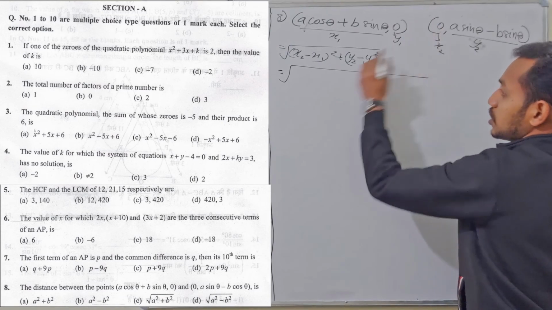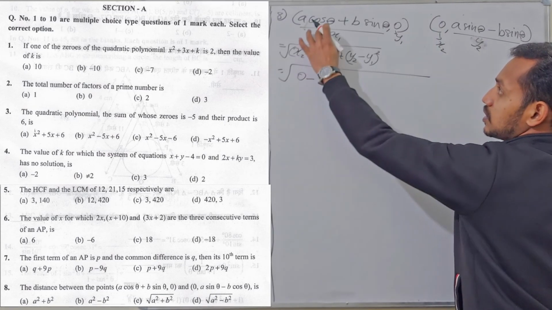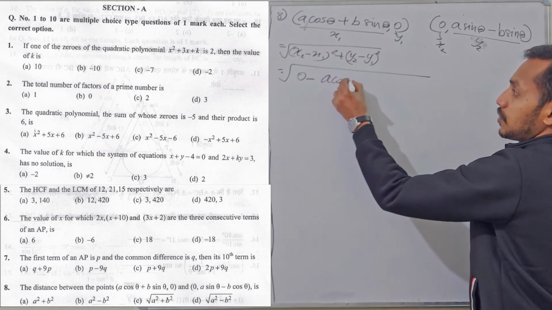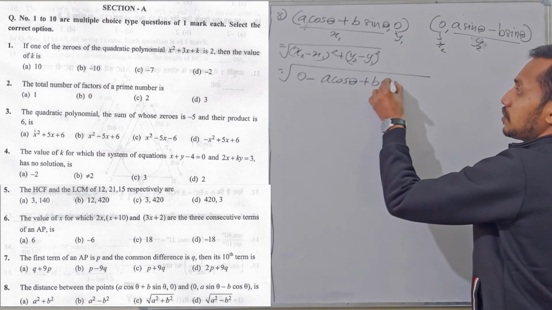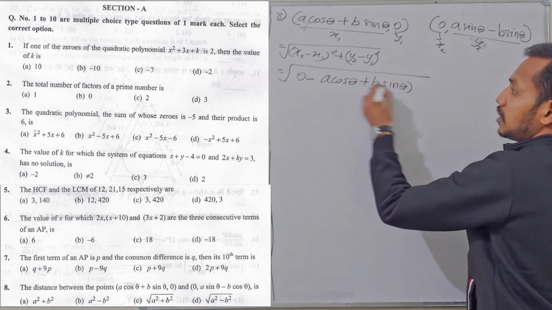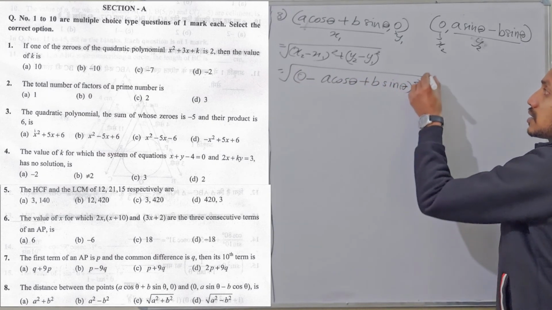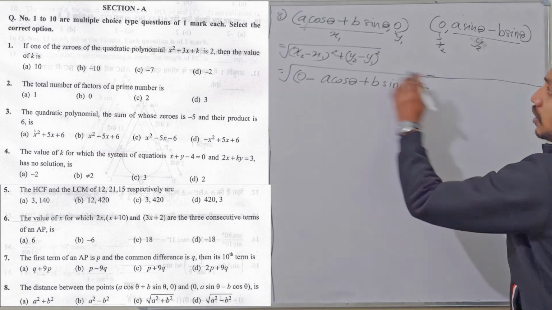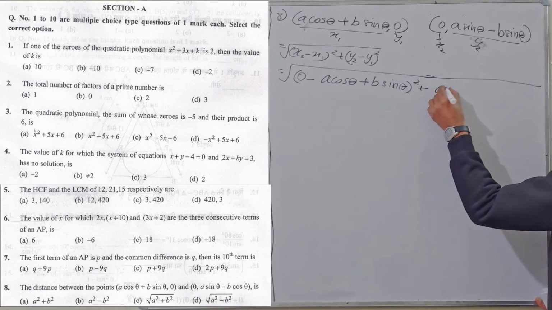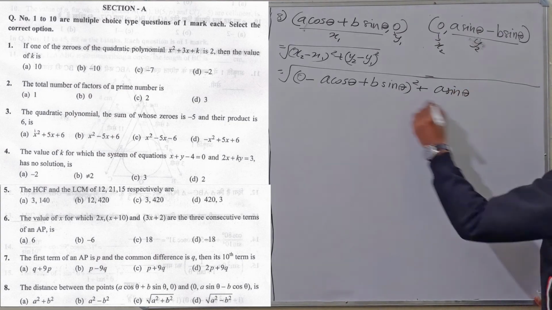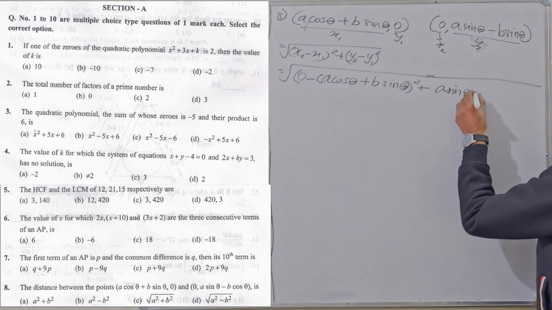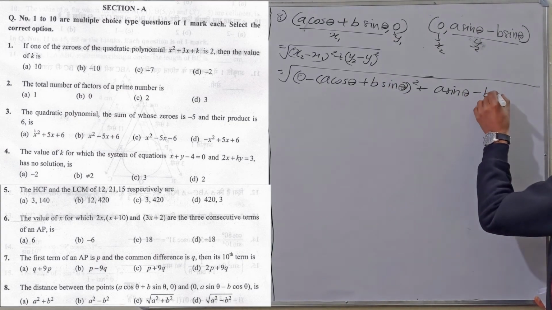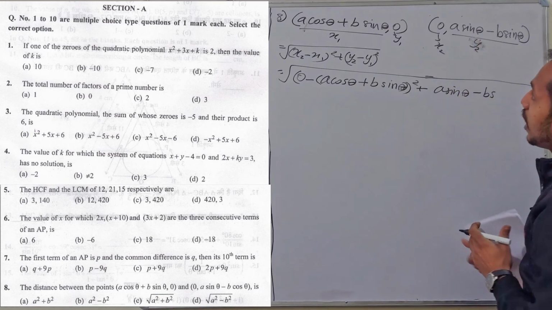So what will we get here? x2 is 0. 0 minus x1 is equal to a cos theta plus b sin theta, whole square, plus y2 is a sin theta, a sin theta minus b cos theta.